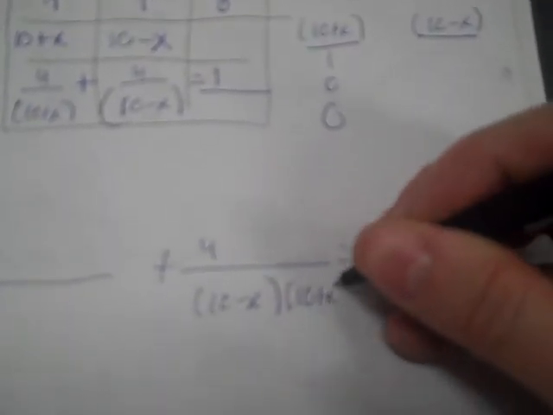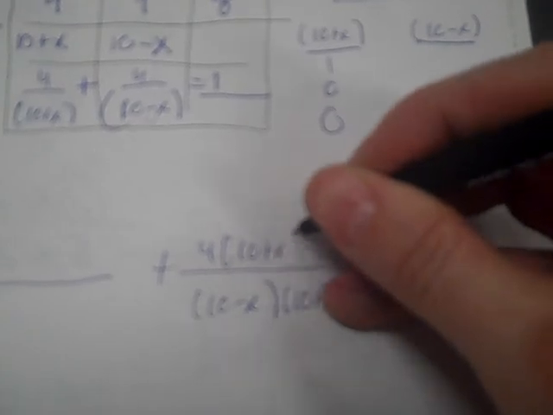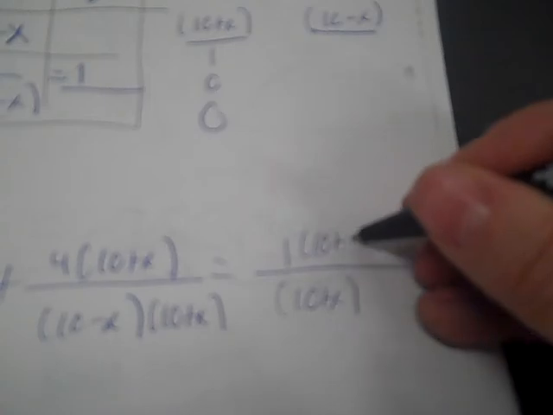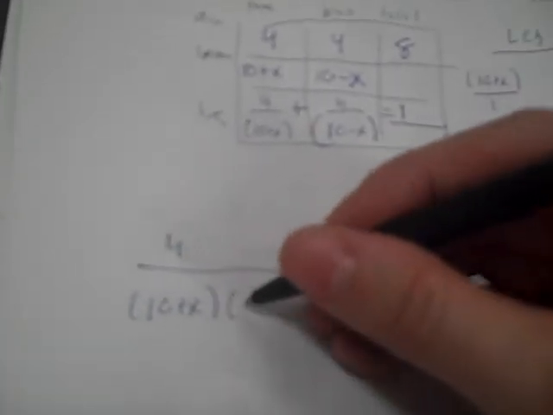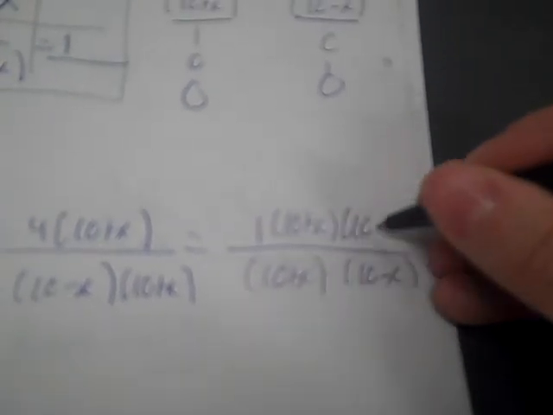Okay, so my LCD is 10 plus x and 10 minus x. 10 plus x, 1, 0, 0. 10 minus x is 0, 1, 0. And then out of all this junk, I know I can get rid of the bottoms. Okay.